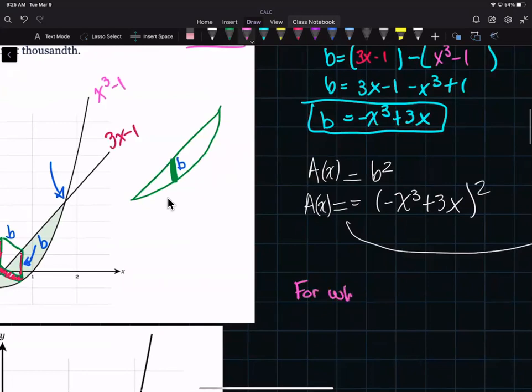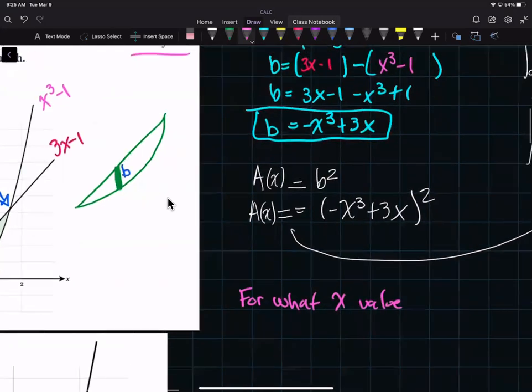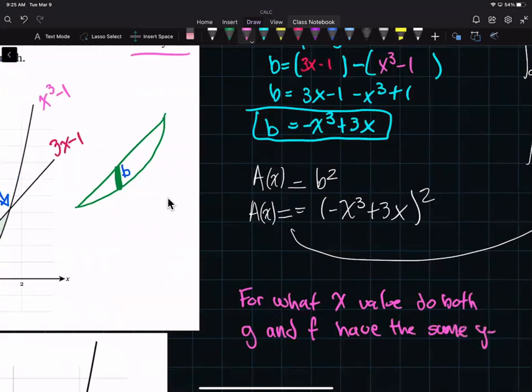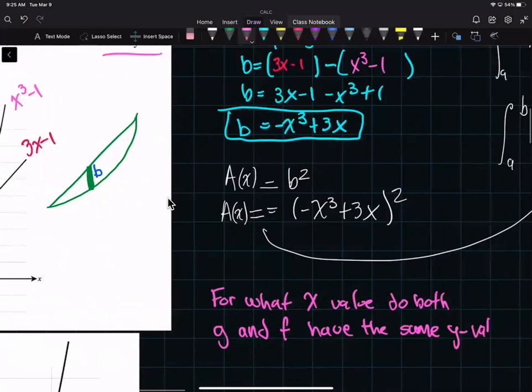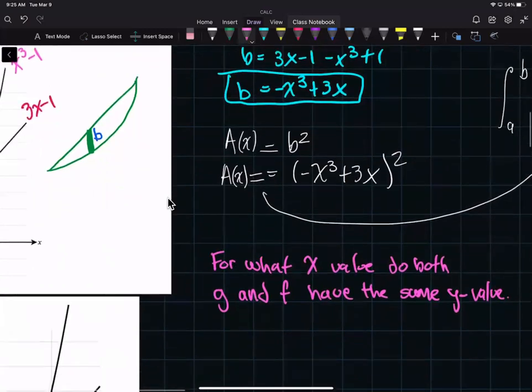For what X value do both G and F have the same Y value?